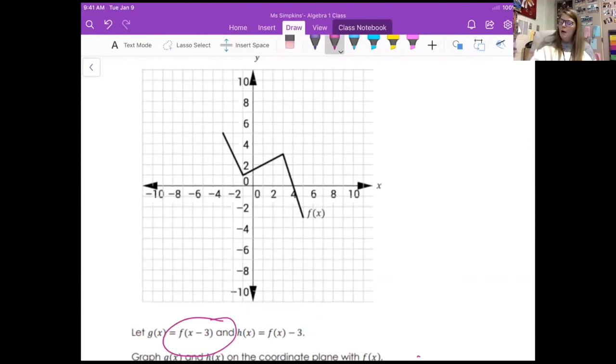So I'm going to take each of those 4 corners and move them and then connect the lines at the end. 1, 2, 3, 1, 2, 3, 1, 2, 3, 1, 2, 3. And I would label that g of x because that's what it's equal to.